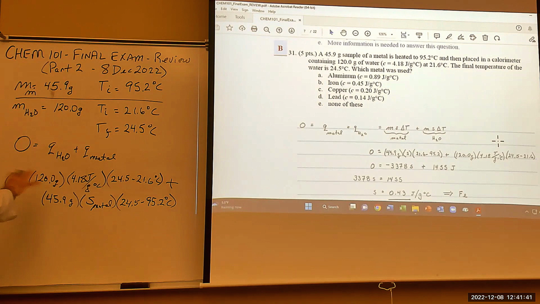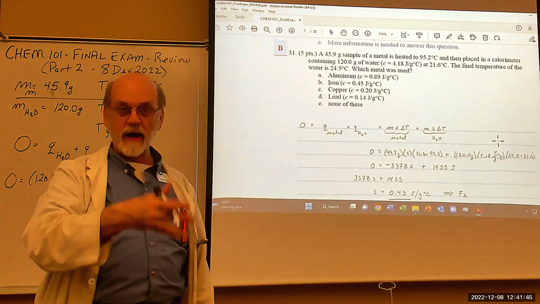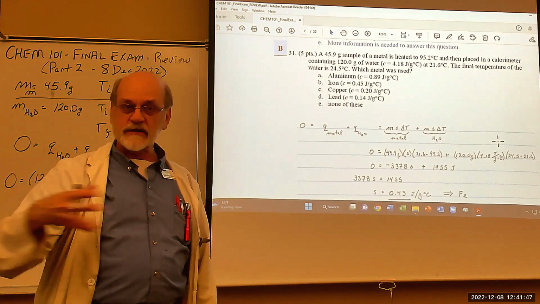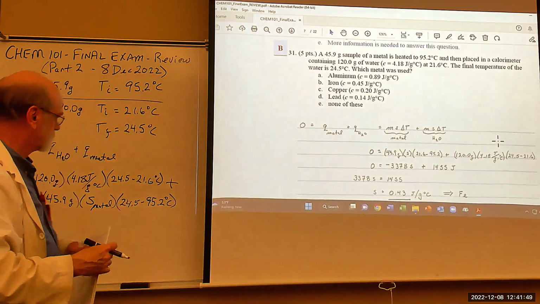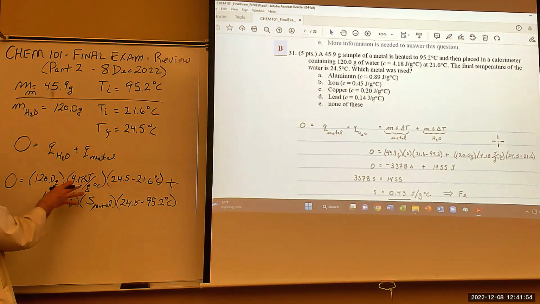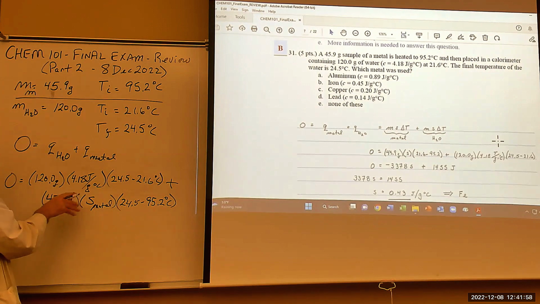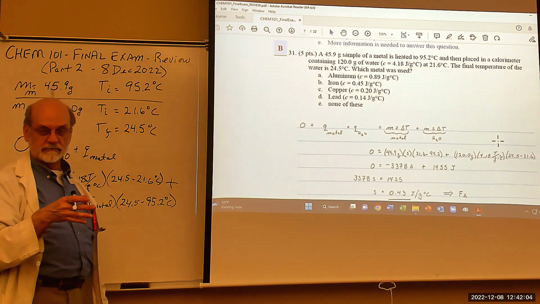Okay. That's the thinking part for the problem. The rest of it is just number crunching. So you take the difference here, multiply that times that, that's one term. You take the difference here, multiply that, and that term is times specific heat of metal. And then you solve for your unknown.